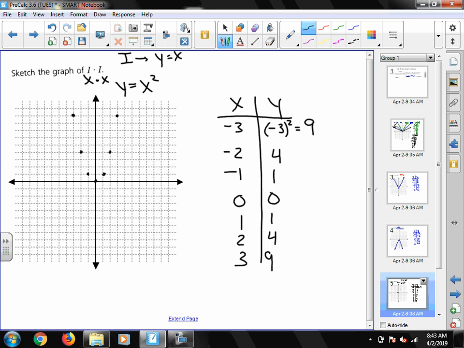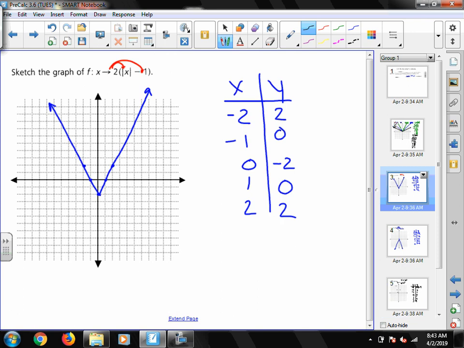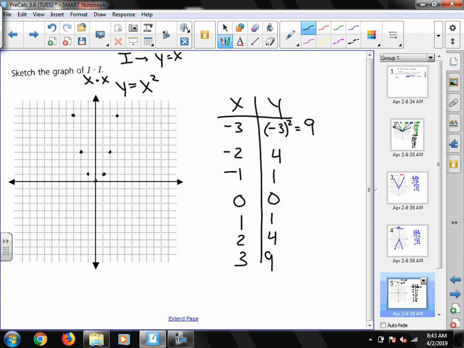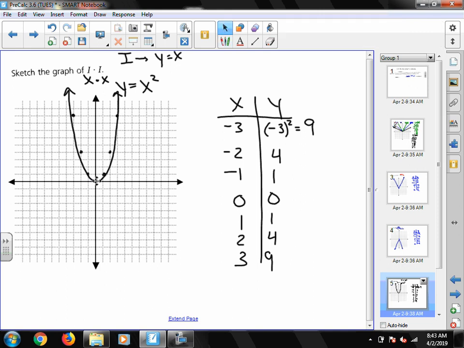Okay, remember, x squared, it needs to be that parabola, that U shape. So it's not going to come to a V like our absolute value graphs here. After we've got our points, do our best to connect them and make a very nice, pretty parabola here. And that's what your graph should look like there.